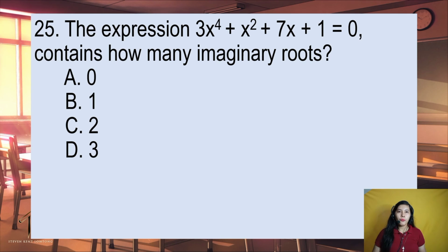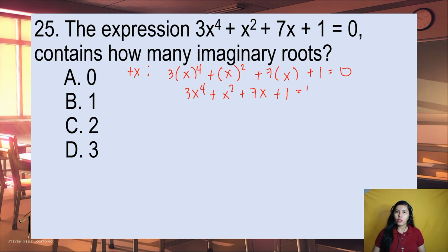So substituting positive x, we have 3x raised to 4 plus x squared plus 7x plus 1 is equal to 0. The signs are positive, positive, positive, positive, so the sign does not change. Therefore, no positive real root.